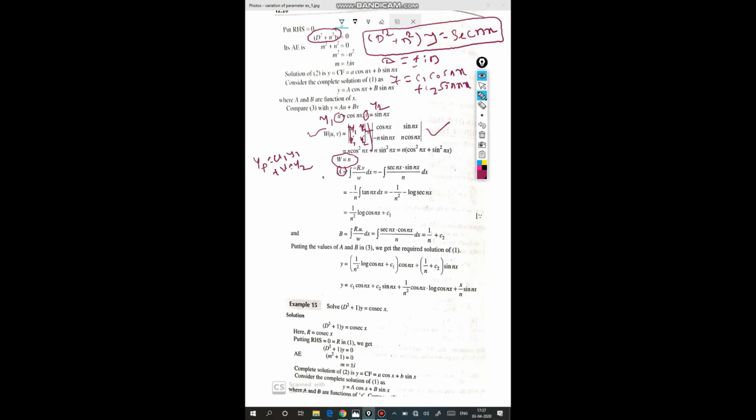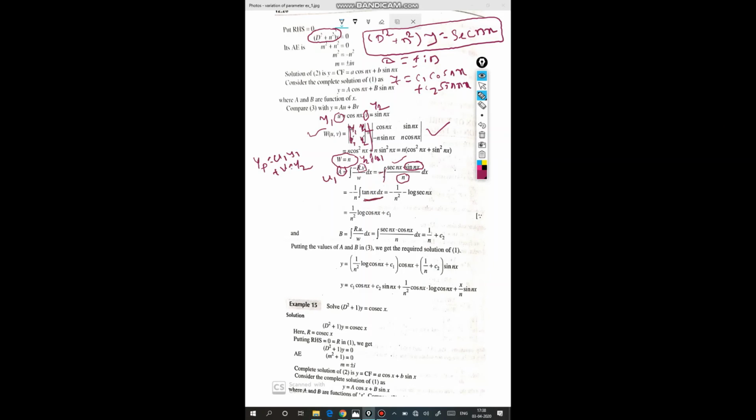Now u1 is the integral of minus y2 fx upon capital W. The minus sign is outside: minus the integral of y2, which is sin nx, times fx, which is sec nx, divided by the Wronskian W. Now for the integration, minus 1 by n is taken outside and we come across the integration of tan nx.